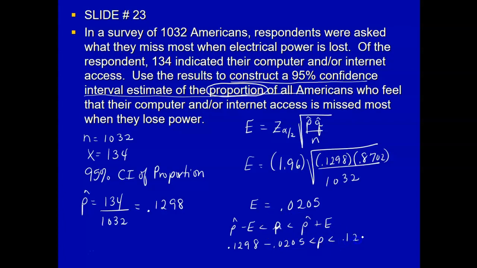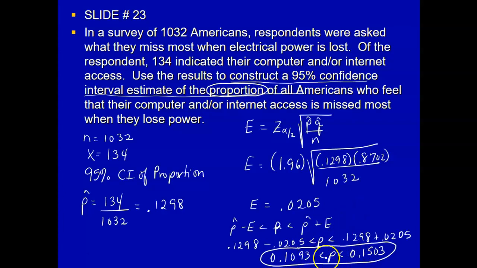And then 0.1298 plus 0.0205. So my endpoints on this would be 0.1093 and 0.1503. Okay, and then round appropriately based on whatever your directions are telling you to do.